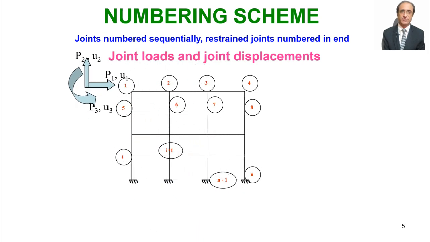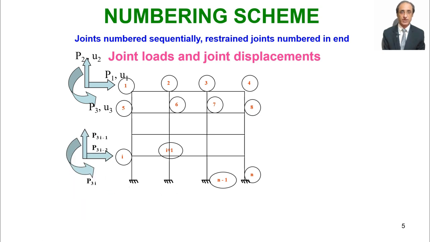So we use the symbols P and U: P for the forces and U for the displacements. Earlier we were using F, lowercase or uppercase, for the internal forces, and D, lower or uppercase, for internal displacements. Now we will be associating each joint with particular degrees of freedom, so we can take advantage of the sequential numbering.